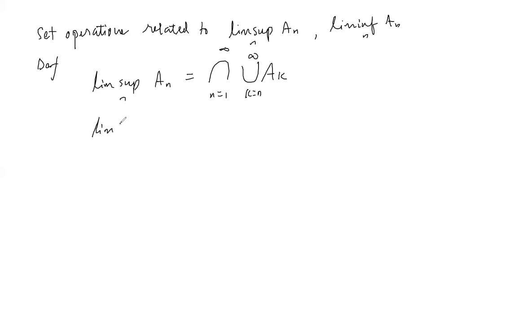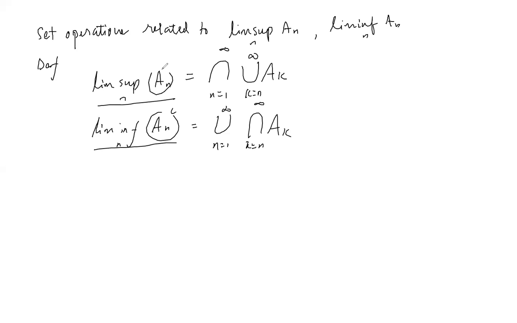Whereas for lim inf, you intersect first. When you intersect first, you get something smaller, and only then you add them up. So these are the definitions. And we have already shown different kinds of lim sup, lim inf statements, whether you complement this part or the whole thing, and they all involve the use of De Morgan's law.